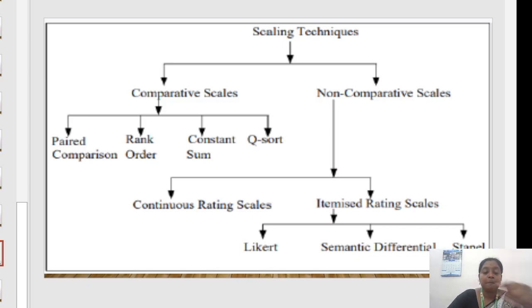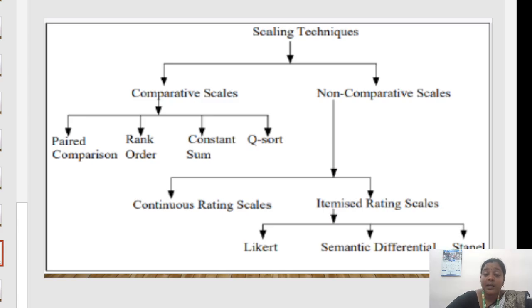The rating scale. The rating scale is a measurement instrument that allows respondents to express the degree or intensity of their opinions, attitudes, or evaluations regarding a particular object or phenomenon. Rating scales may be numerical, graphical, or descriptive in nature. The numerical rating scale assigns numbers to different response categories, while the graphical rating scale uses a visual continuum on which the respondent indicates their position.